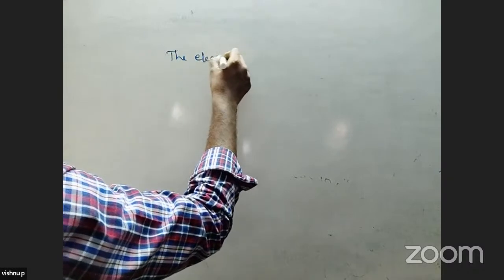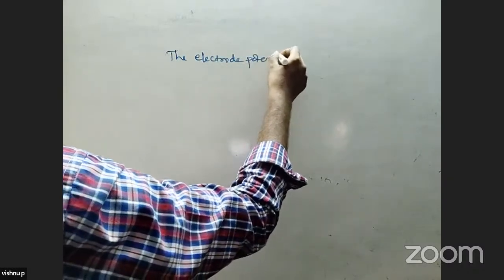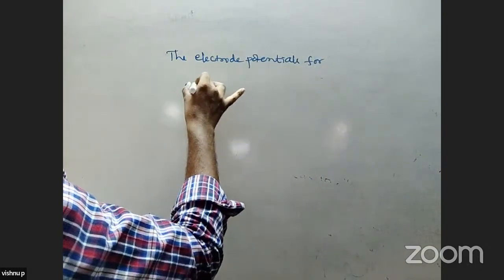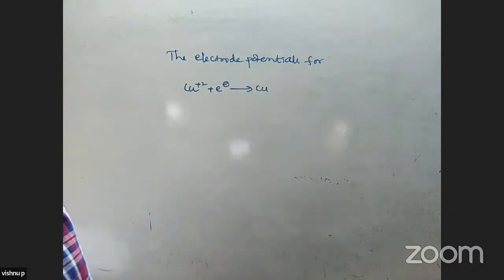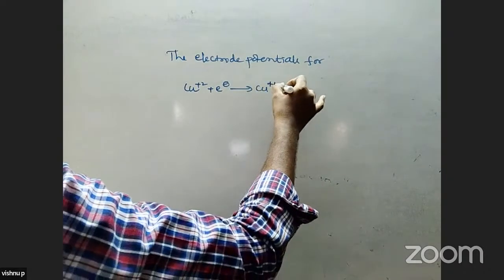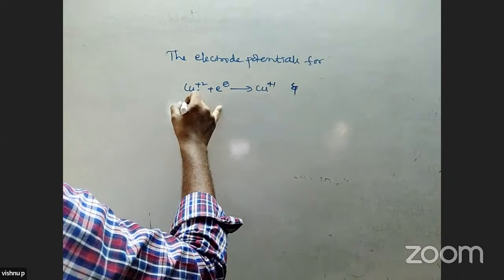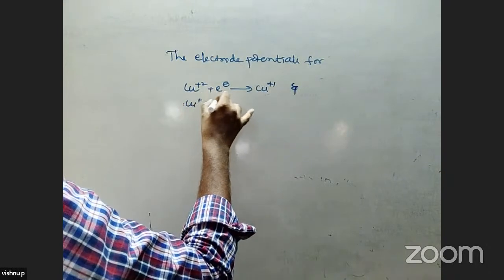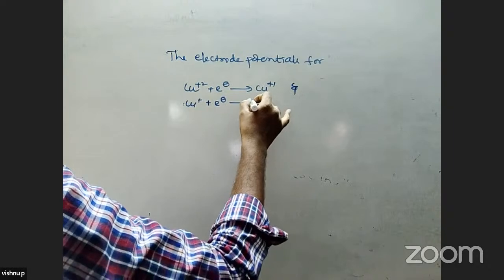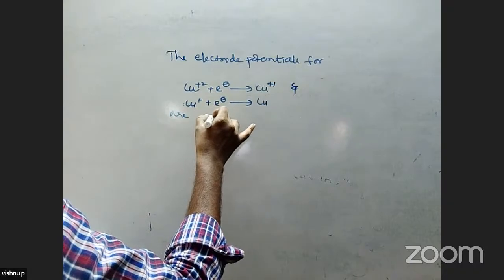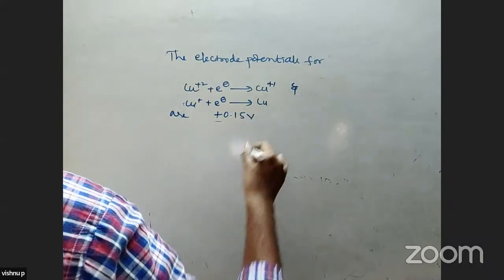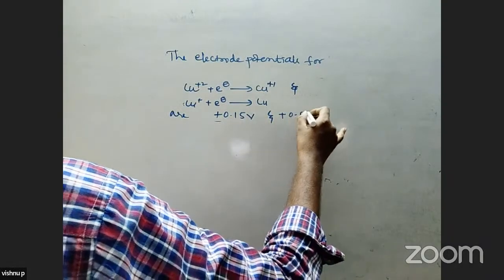The electrode potentials for copper +2 plus electron gives copper +1, and copper +1 plus electron gives copper, are +0.15 volts and +0.50 volts.